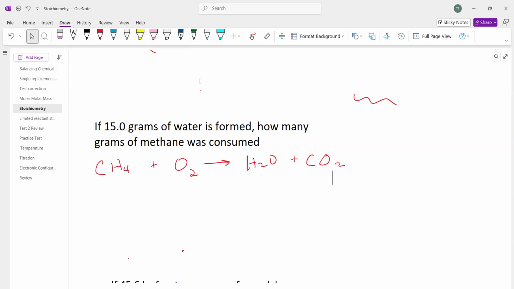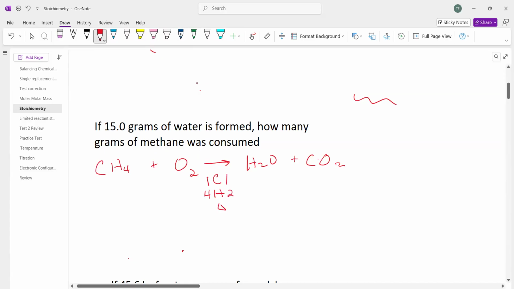Okay, so step one is write the reaction, and next is to balance it. Is this balanced? Let's do an inventory. Okay, carbons 1 and 1. Hydrogens 4 and 2.